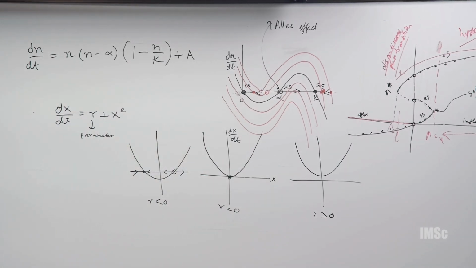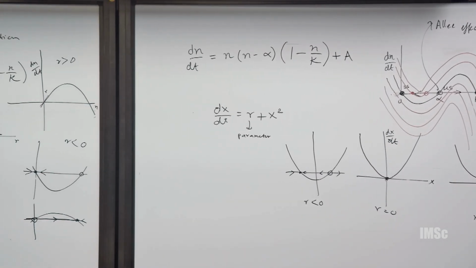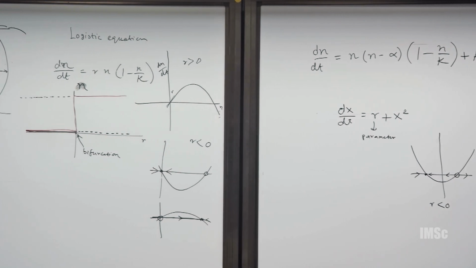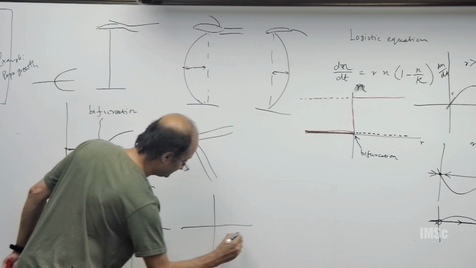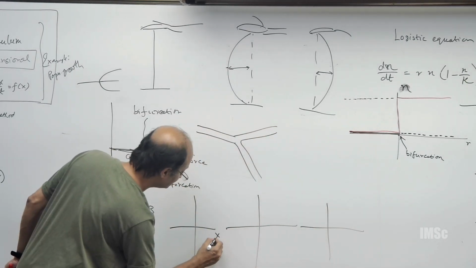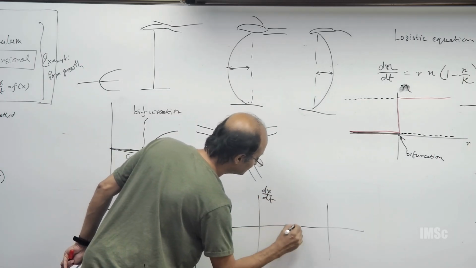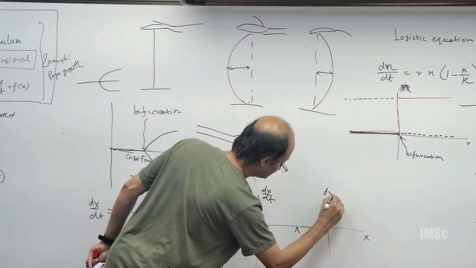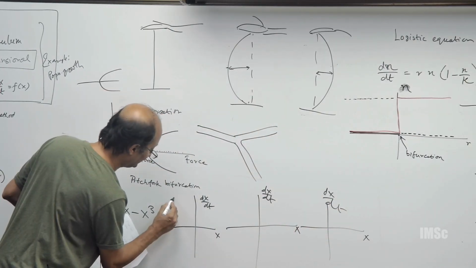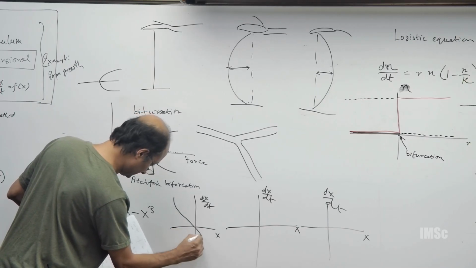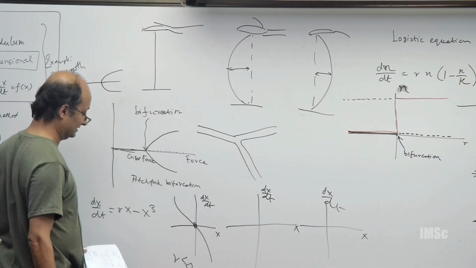For a pitchfork, the normal form is cubic. It's rx minus x cubed. If your r is less than 0, then there is only one fixed point here.